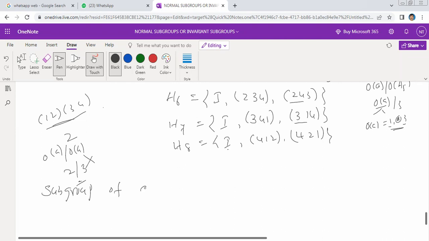Subgroups of order 4. Can anyone tell me the subgroups of order 4? This is nothing but H9.